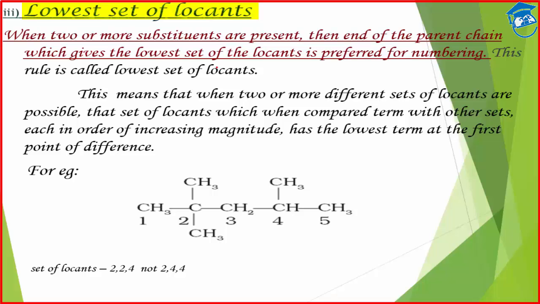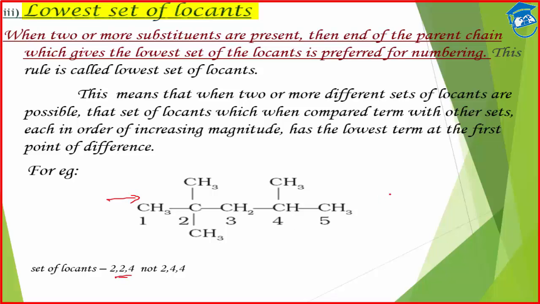Simply number it and then add the positions of the locants. Whatever gives you the lowest number will be preferred. For example, if you proceed from this side, you will get 2, 2 and 4.